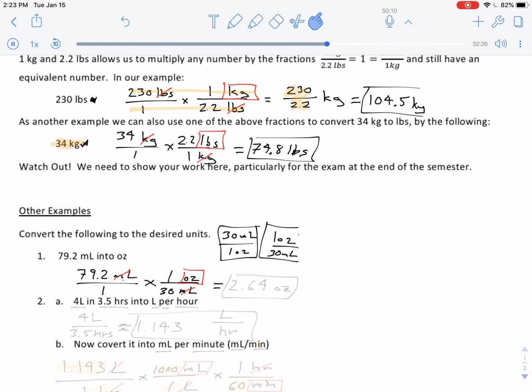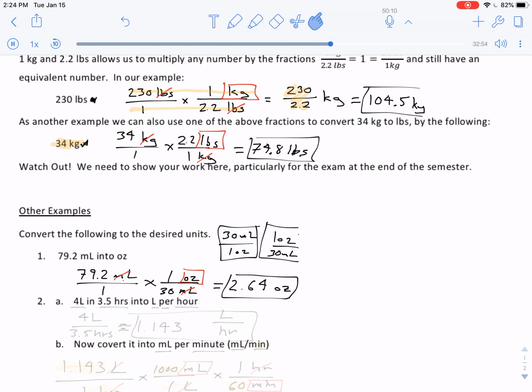So all I get is 79.2 over 30. So I'm going to divide those. 79.2 divided by 30 equals 2.64 ounces. We have no way to tell what kind of rounding rules we have for ounces, so we'll just leave it at that.